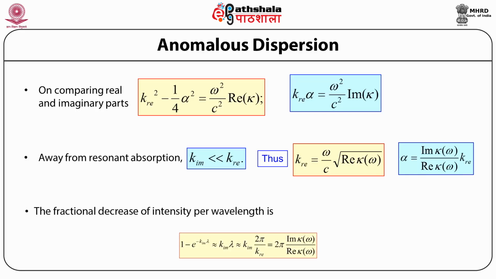The fractional decrease of intensity per wavelength is 1 minus e raised to power minus k imaginary into lambda, which is further approximately k imaginary times lambda, or k imaginary into 2 pi by k real, which equals 2 pi imaginary K omega divided by real K omega.